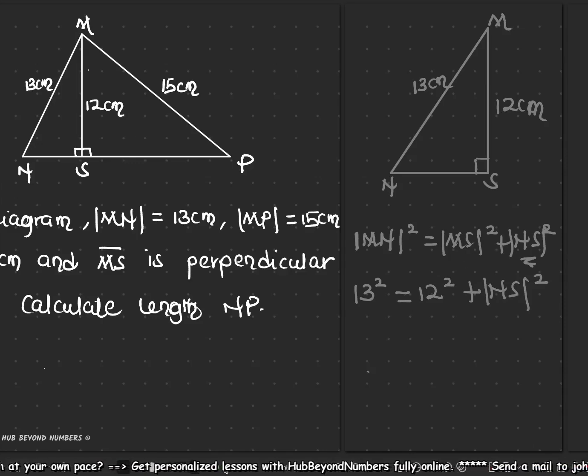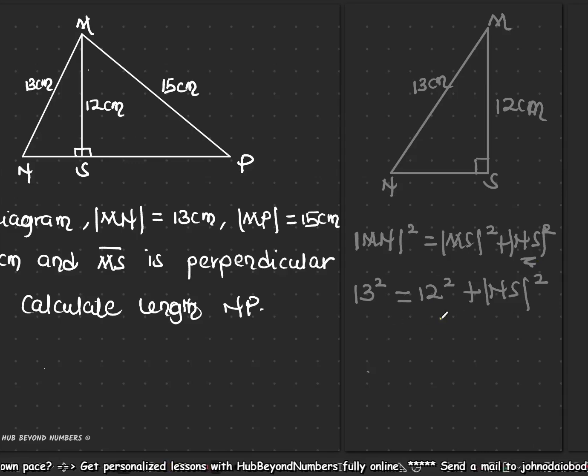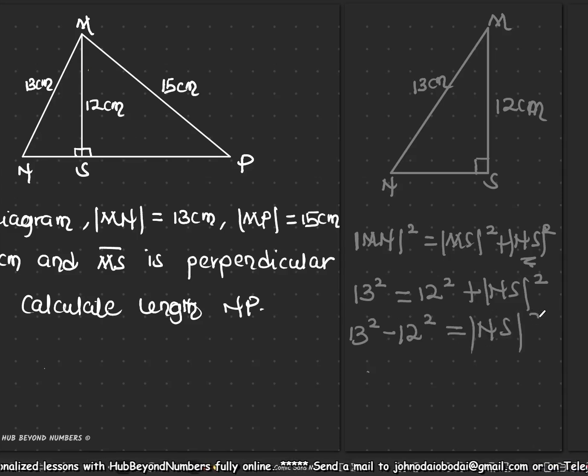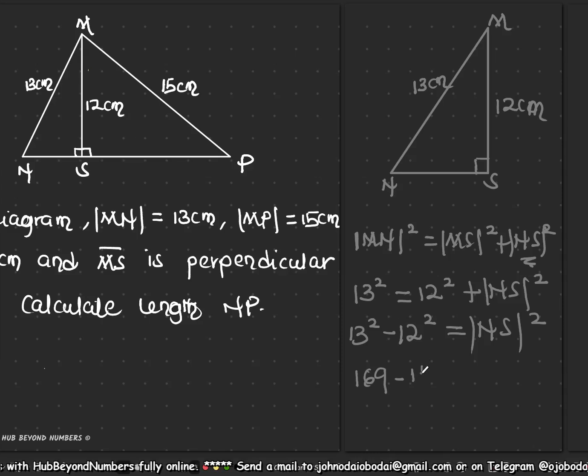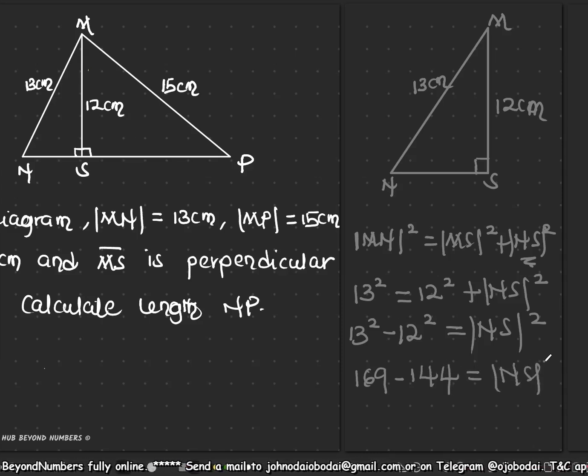So we are now trying to make this here the subject. And how do you do that? You can quickly move this to the other side, so that you are going to have 13 squared minus 12 squared is equal to NS squared. And we know 13 squared gives us 169, minus 12 squared, which is 144, is equal to the length of NS squared. 169 minus 144 gives us 25.